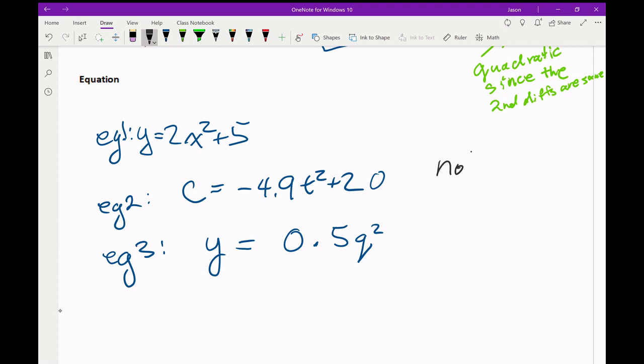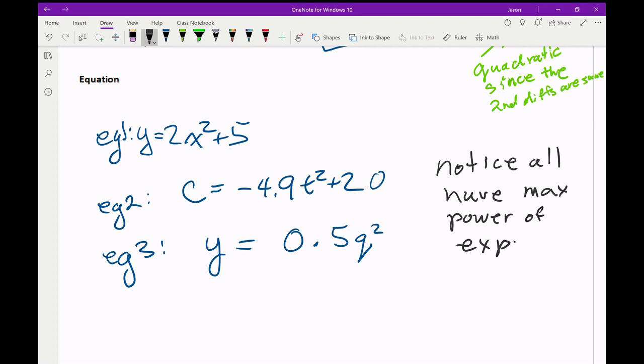Notice this. They all have powers of 2. I'm going to say a maximum power of exponent 2.